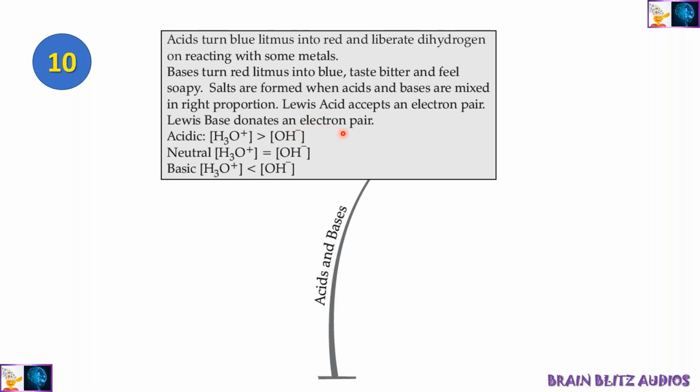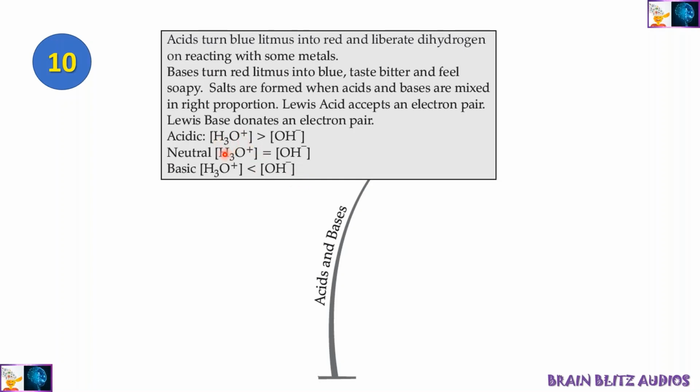It donates electron pairs. Now, in an acidic solution, the H+ concentration would be more than the OH- concentration. In a neutral solution, the H+ concentration will be equal to the OH- concentration. In a basic medium, the H+ concentration will be less than the OH- concentration.